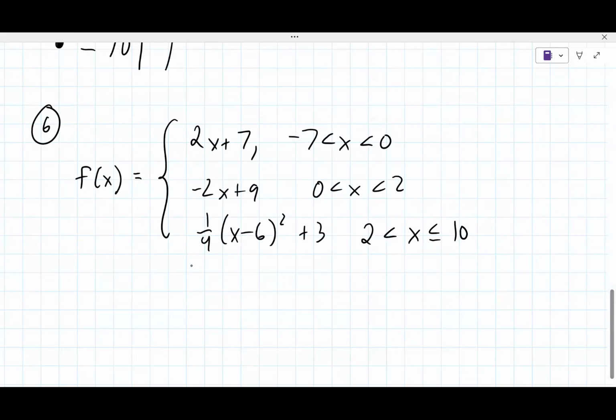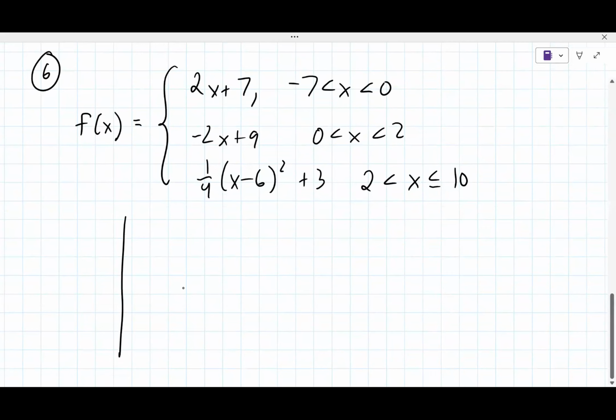All right, so which one do we start with? What we're going to be starting with is 2x plus 7. So you're going to plug both endpoints into the equation. Can you do that for me, please?